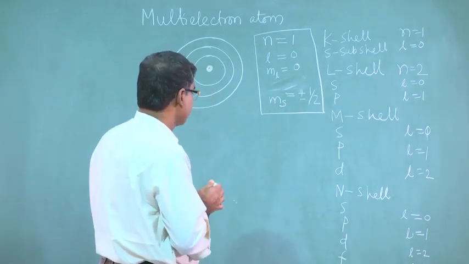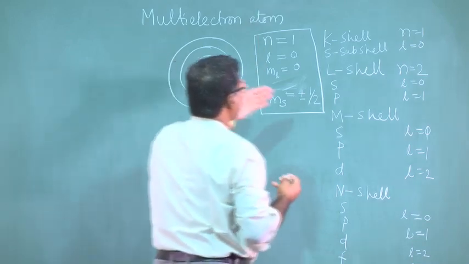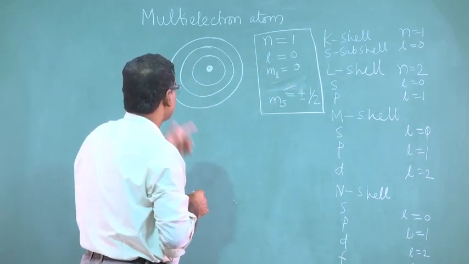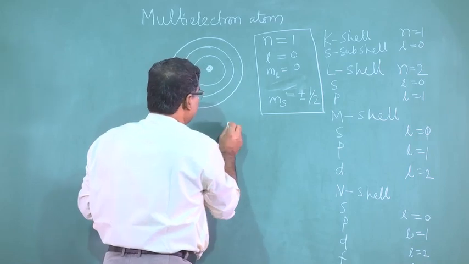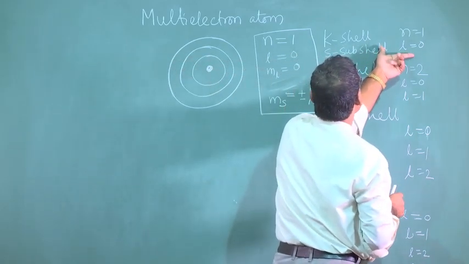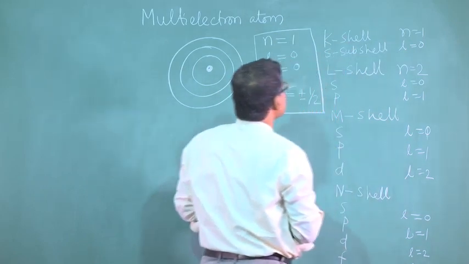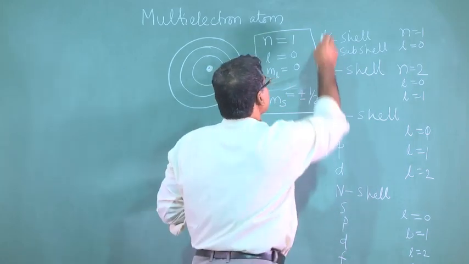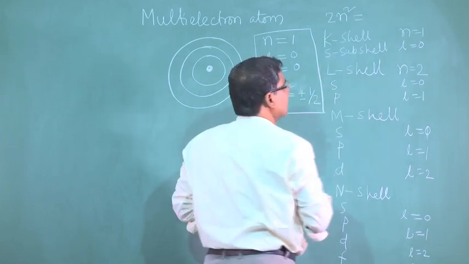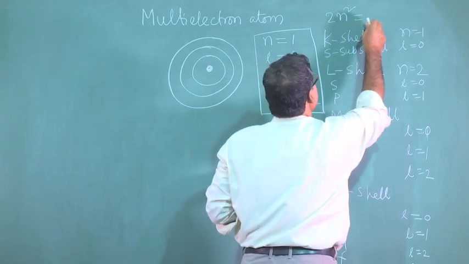Now, for a particular n and L value, each shell contains how many electrons? It contains 2n square electrons.